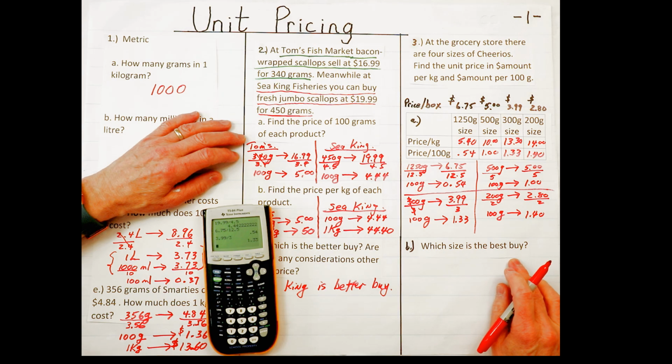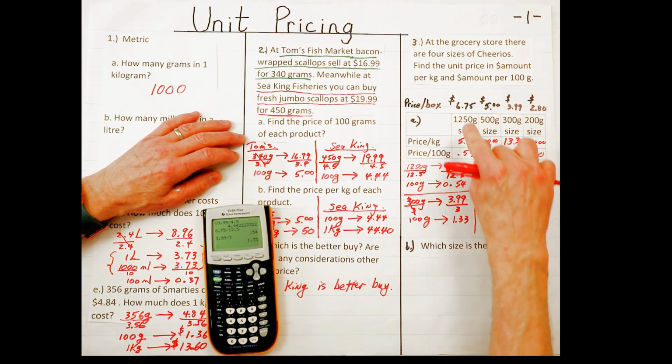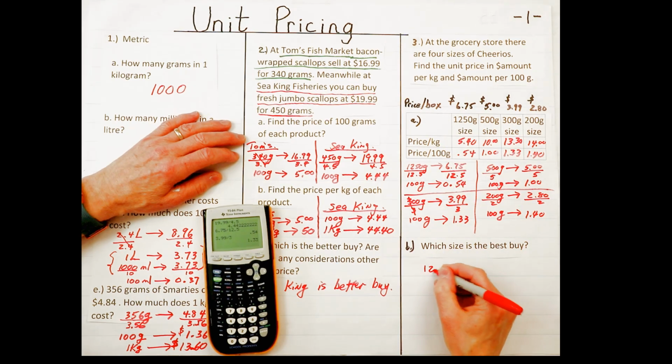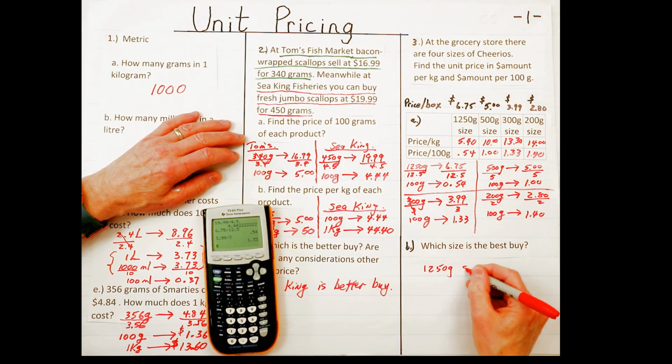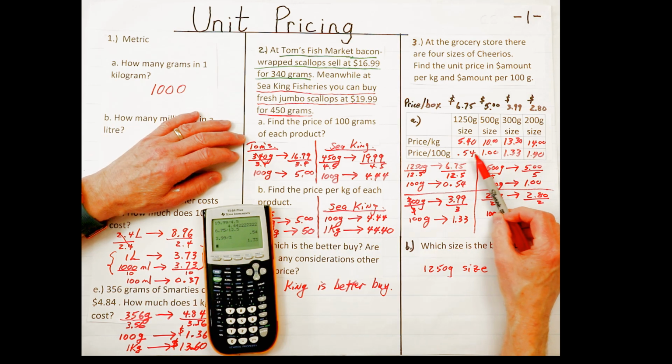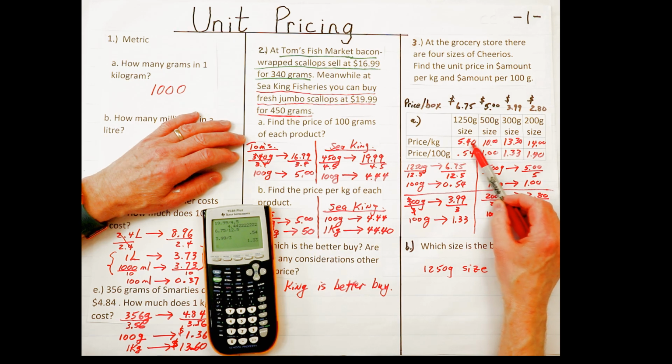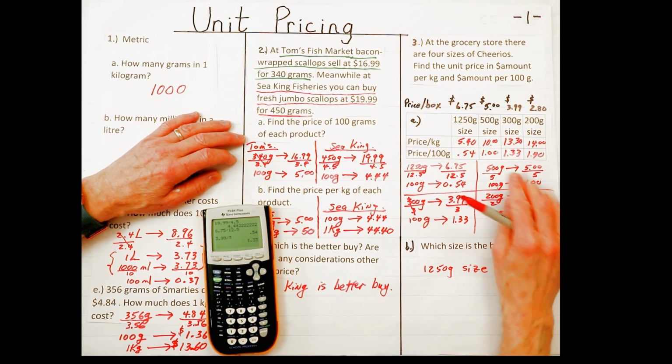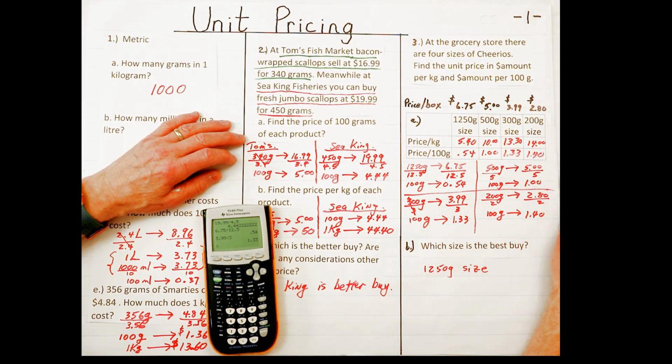Which size is the best buy? It's definitely the 1,250 gram size, because it only costs 54 cents for 100 grams or $5.40 for a kilogram, and the rest of them are quite a bit more expensive.